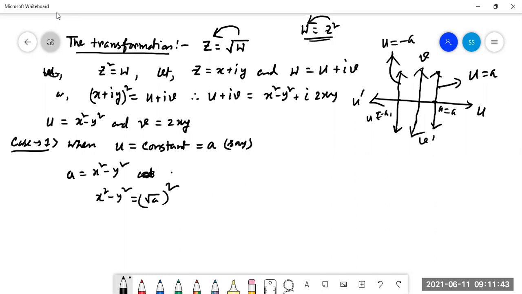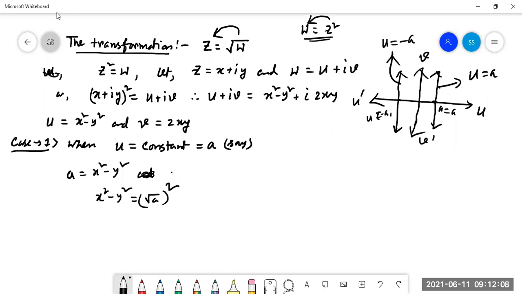Whose equation is this? X square minus Y square is equal to a square. Whose equation is this? No sir, it is not an equation of a circle. For a circle it is plus.